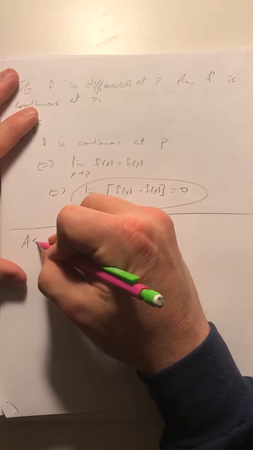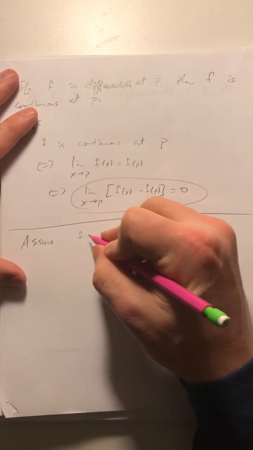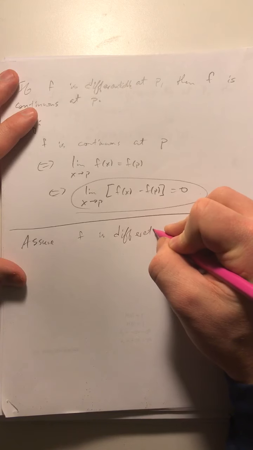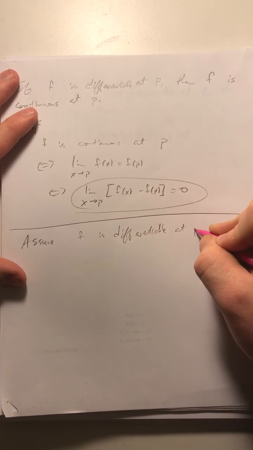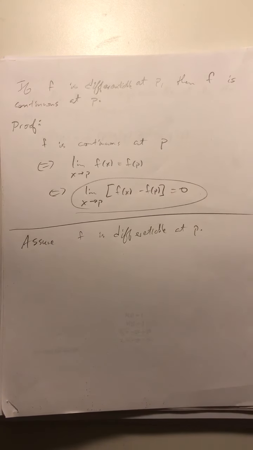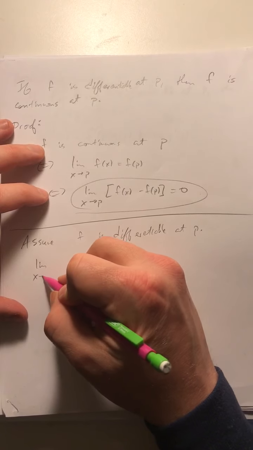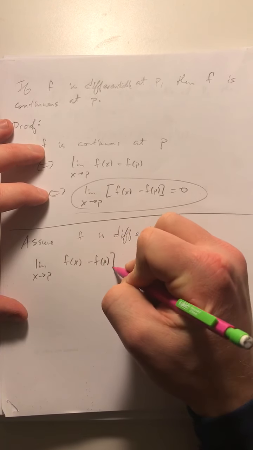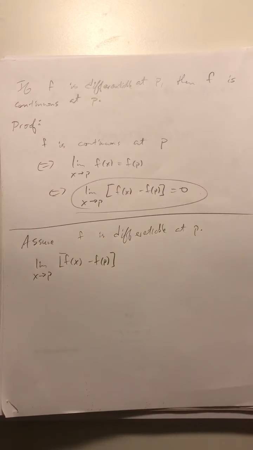So I'm going to assume f is differentiable at p. So if you remember the previous lecture, differentiable at p means a certain limit exists. So I'm going to write down the limit as x goes to p of f of x minus f of p. I would like to show that this is 0.